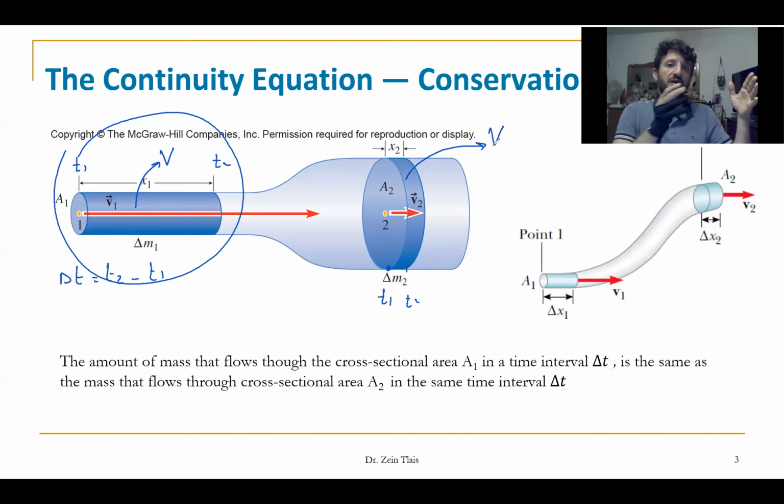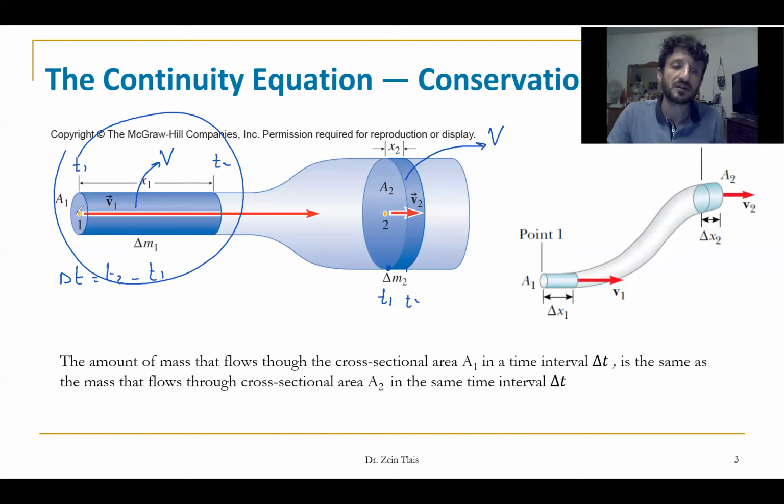If we have, for example, 1 meter cube go inside the tube, we have the same quantity of 1 meter cube will go out. Okay, so during the same time, the same volume and the same mass will go in, and the same mass and the same volume will go out.